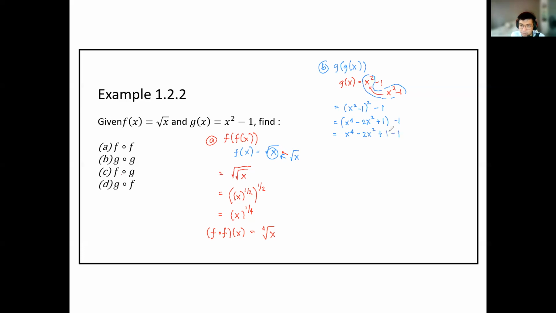So minus 1 plus 1 is equal to 0, so it cancels each other out. So the final answer would be g of g of x is equal to x to the power 4 minus 2x squared. So it's easy to answer there.